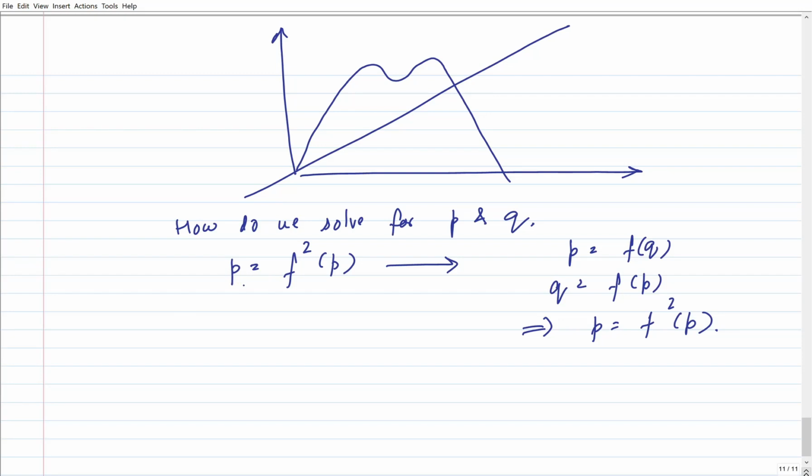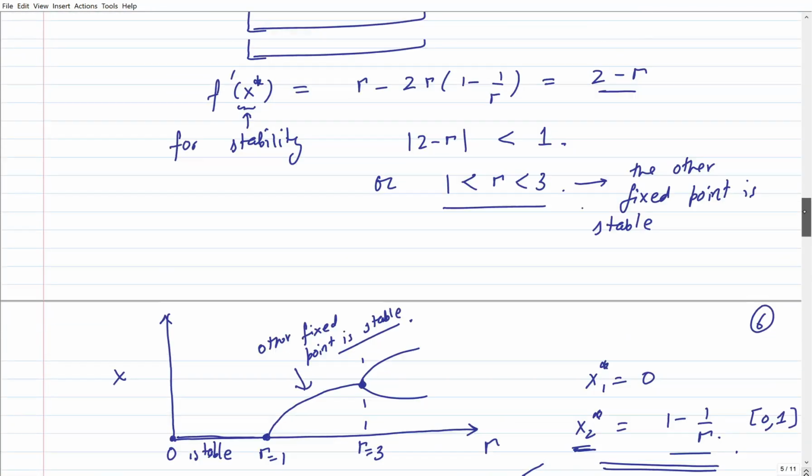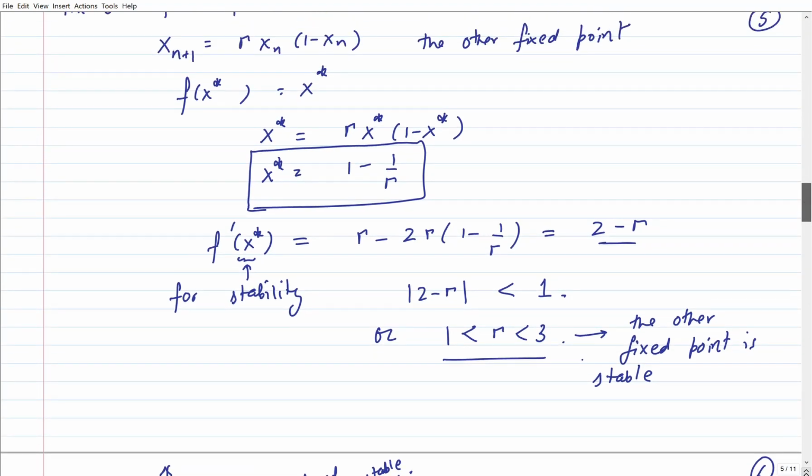We know that for this equation, x star equals 0 and x star, the other fixed point, which was, I don't remember, I think 1 minus 1 over r. Let's just look at it. Yeah, this guy.